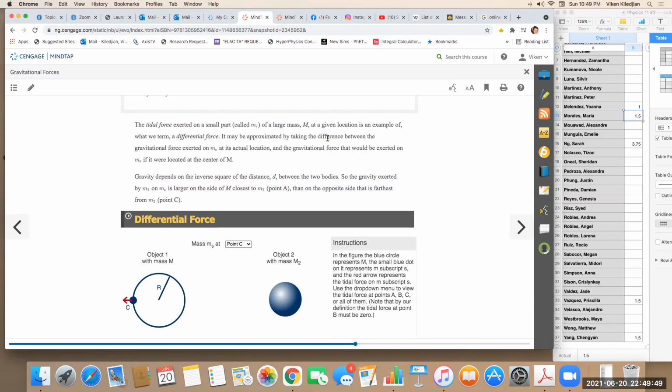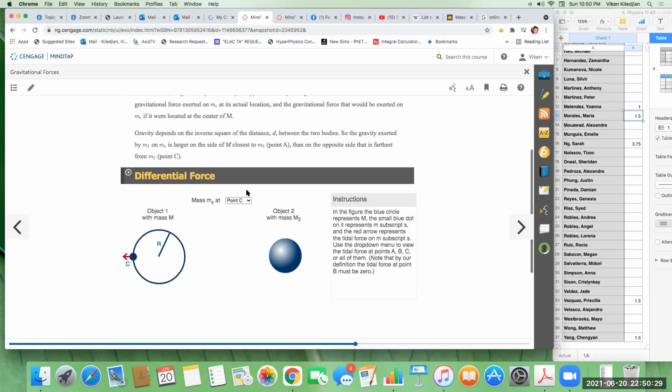It may be approximated by taking the difference between the gravitational force exerted on ms at its actual location and the gravitational force that would be exerted on ms if it were located at the center of the mass, M. Gravity depends on the inverse square of the distance d between the two bodies. So the gravity exerted by m2 on ms is larger on the side of M closest to m2, point A, than on the opposite side that is farthest from m2.